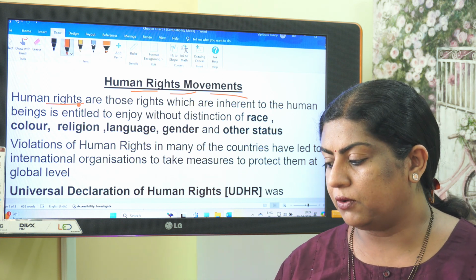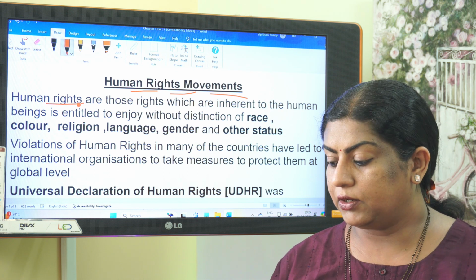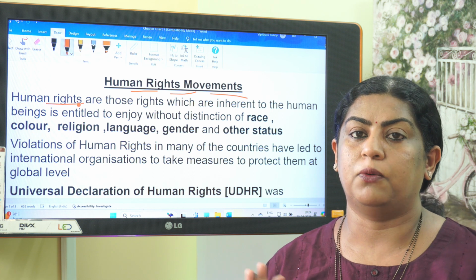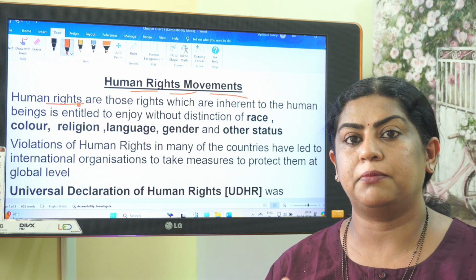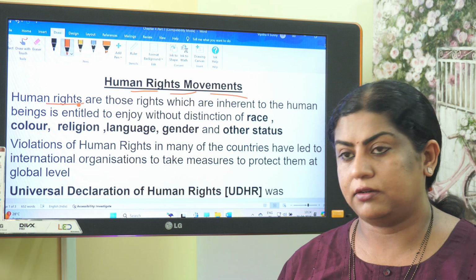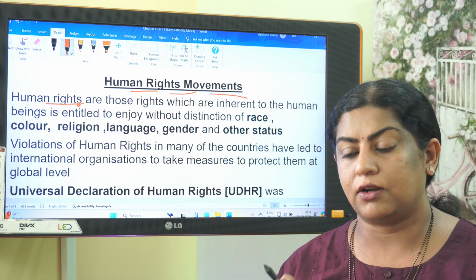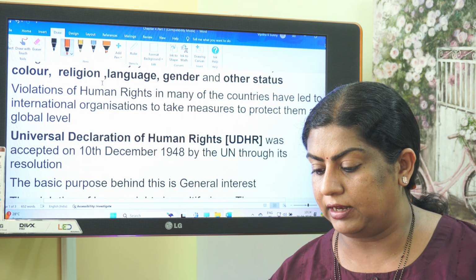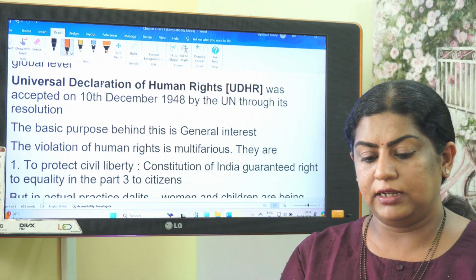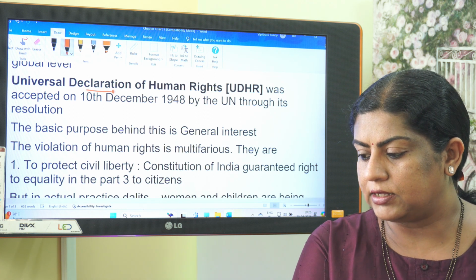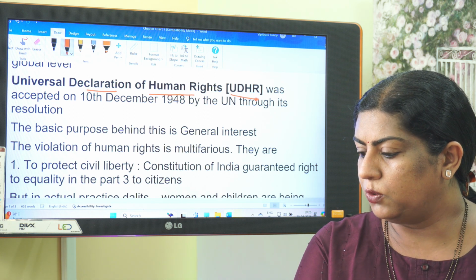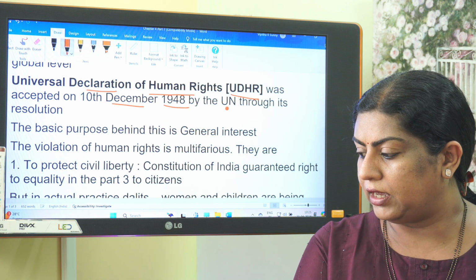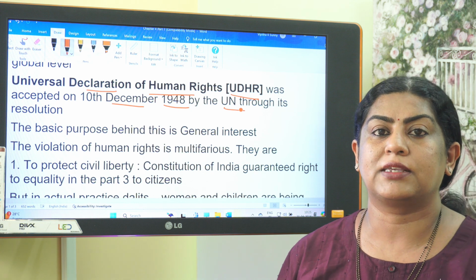Now, violations of human rights in many countries have led international organizations to take measures to protect them at the global level. The Universal Declaration of Human Rights, UDHR, was accepted on 10th December 1948 by the United Nations through its resolution.